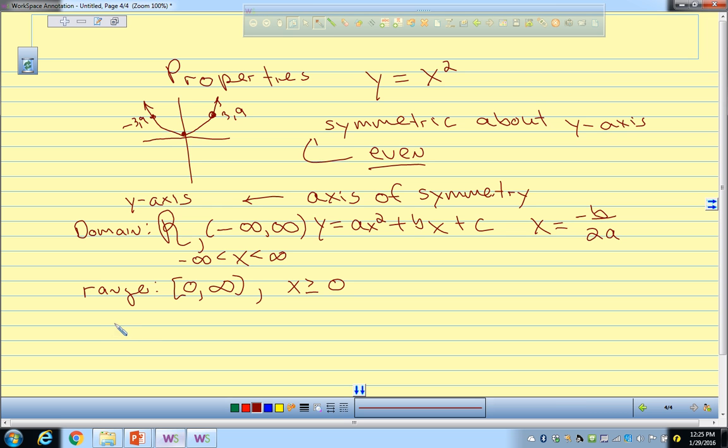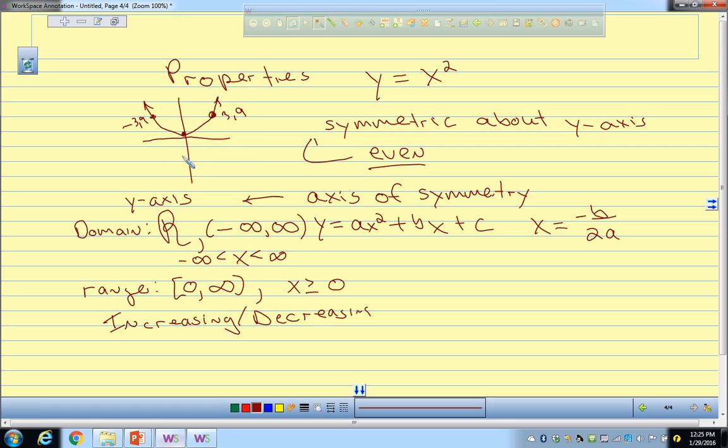And then the other thing they talk about, which is kind of important, is where is it increasing and decreasing? Increasing means where is it going uphill? To the right side, 0 to infinity.